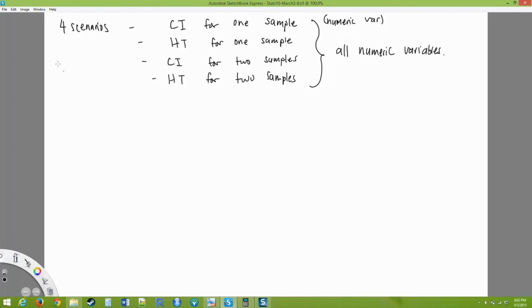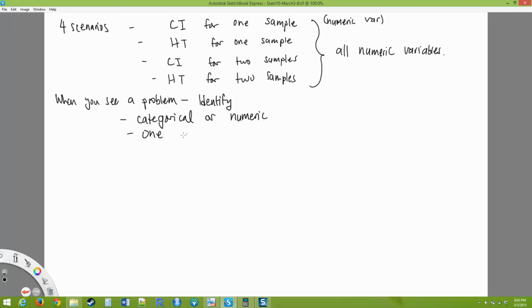So whenever you encounter a problem, there are three things you must identify: categorical or numeric; one sample or two samples; and am I dealing with a confidence interval or hypothesis test? Keep track of these things.